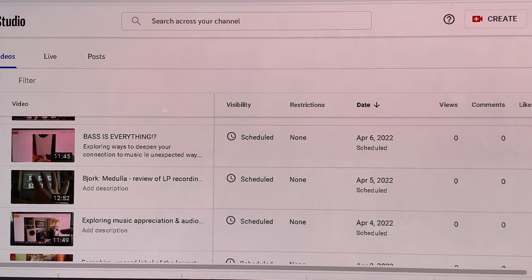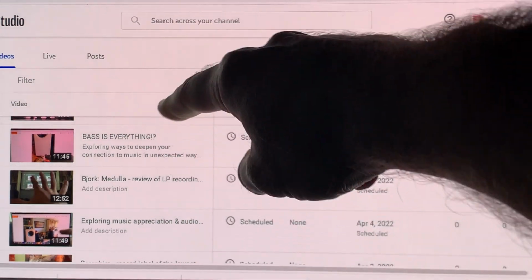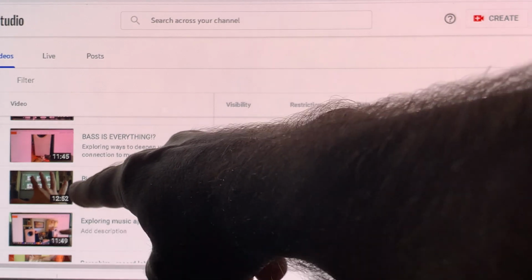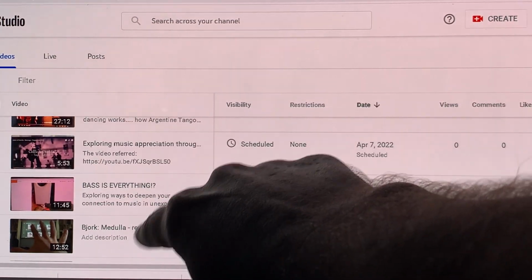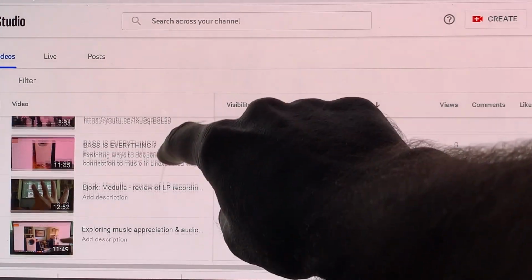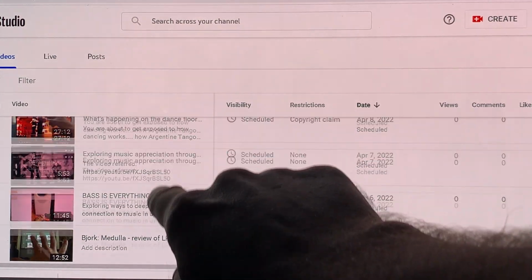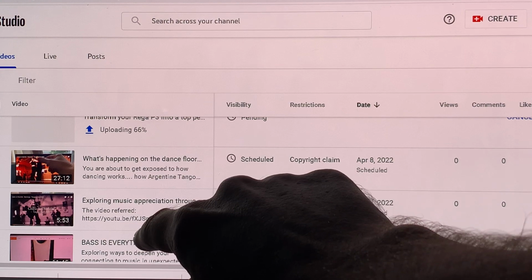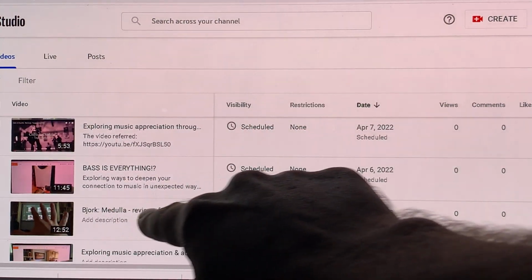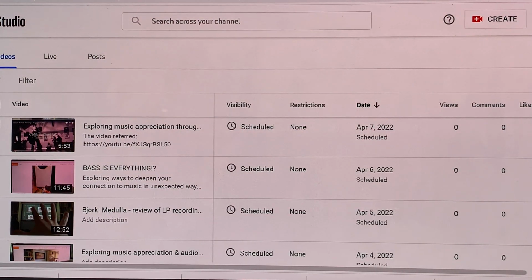And then something happening here is exploring music appreciation. I'm going on a spree to go deeply into how you can connect with music, and this is kind of an introduction to that. This is something that's going to break that loop, because it's starting here on April the 4th and it continues on 6, 7 and 8, and there's a Björk break in between.